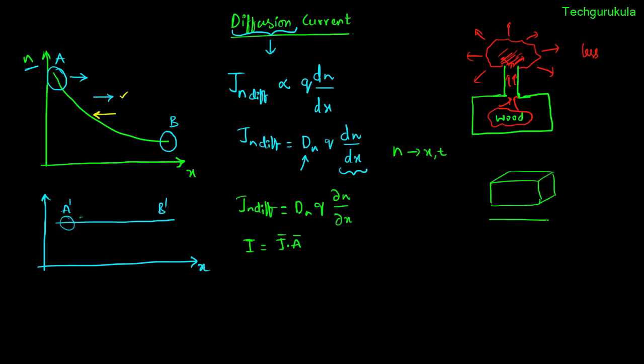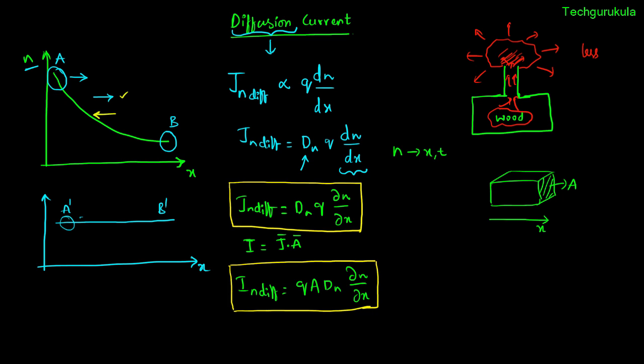If you are measuring the carrier concentration gradient in this direction, then the area that we are looking at is this cross-sectional area. So we can write the current for n diffusion, which would be equal to q times the cross-sectional area times Dn times ∂n/∂x. These are very important equations to remember.